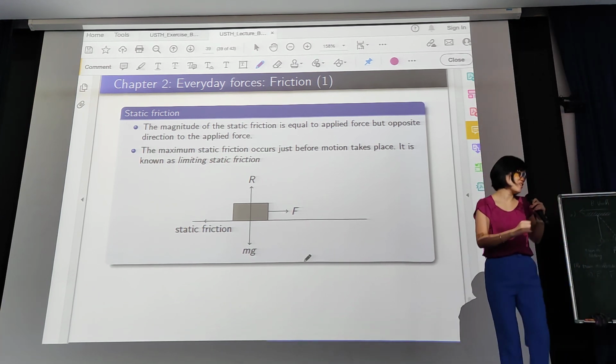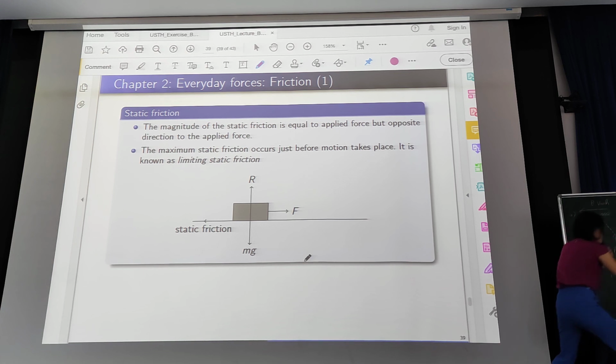So I push it or I pull it, it doesn't move because it has static friction. So the static friction when no external force is acting is 0. But when an external force is applied, static friction balances this force.